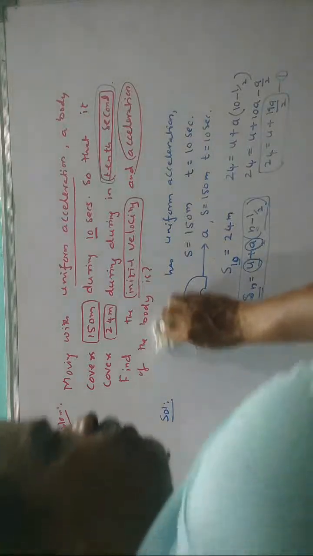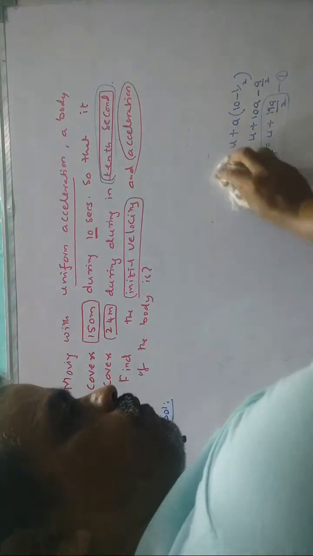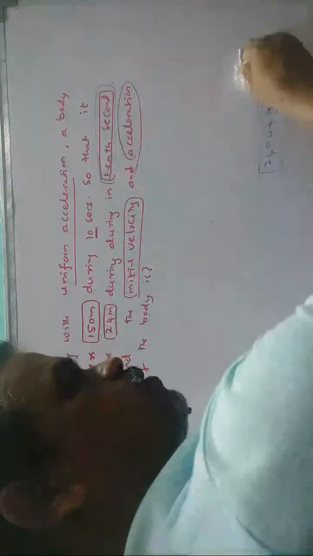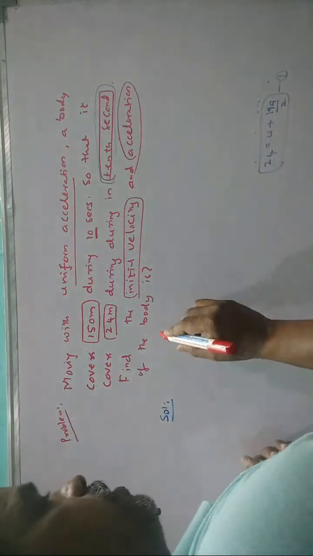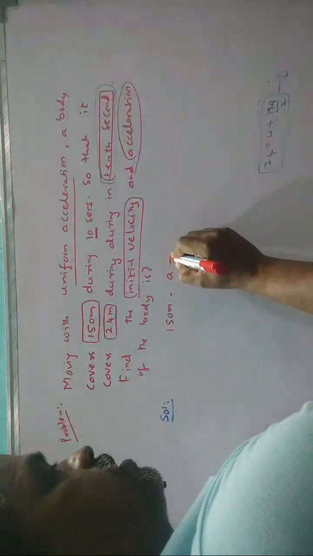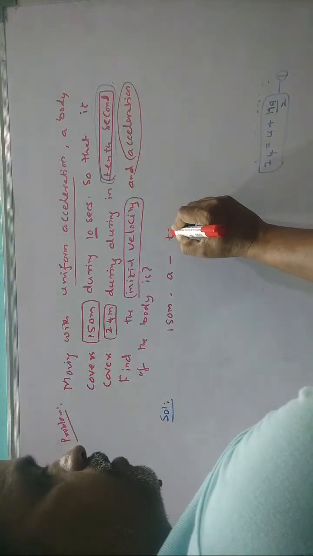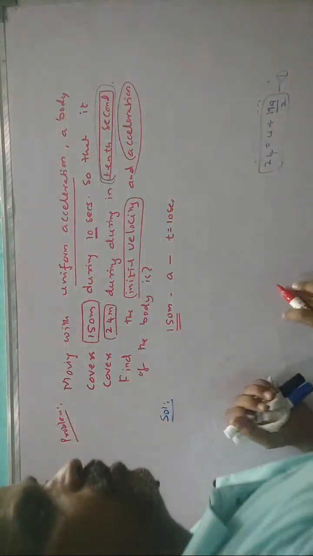Now we got one equation here. This one only. So here I am doing one more. The body covers 150 meter, moving with acceleration a, in time 10 seconds. In 10 seconds it covered 150 meter.